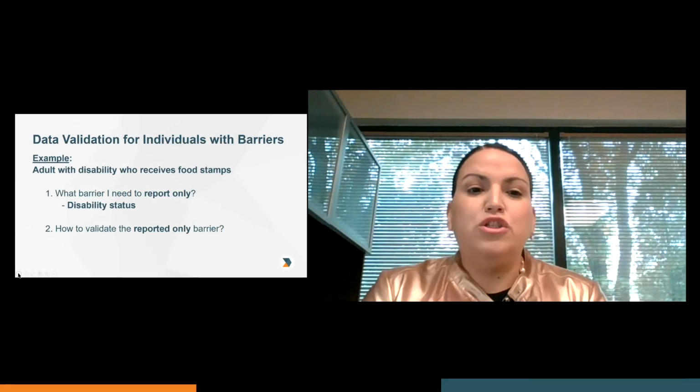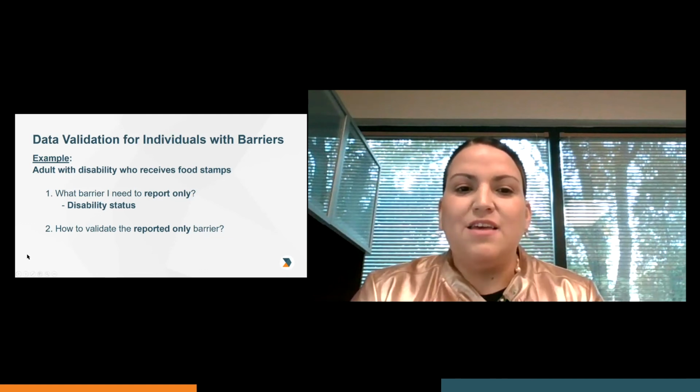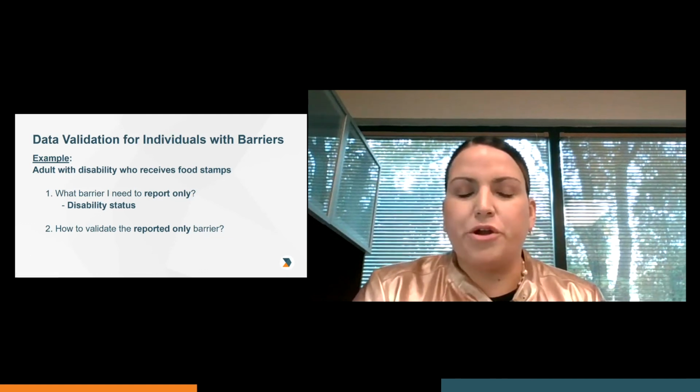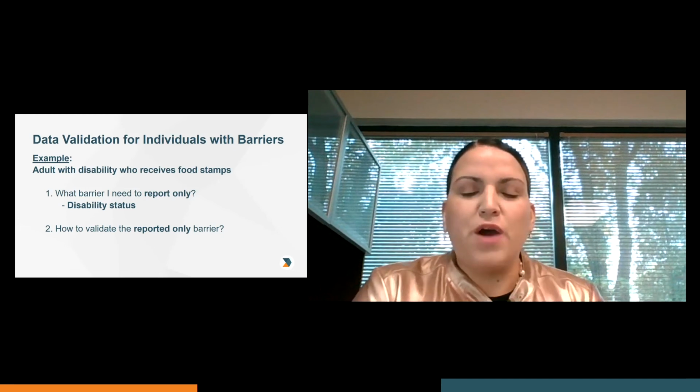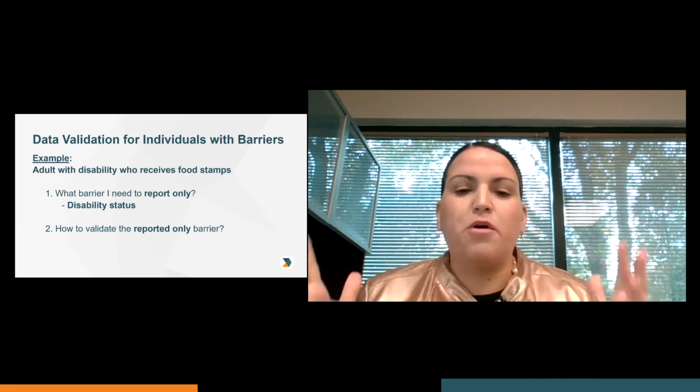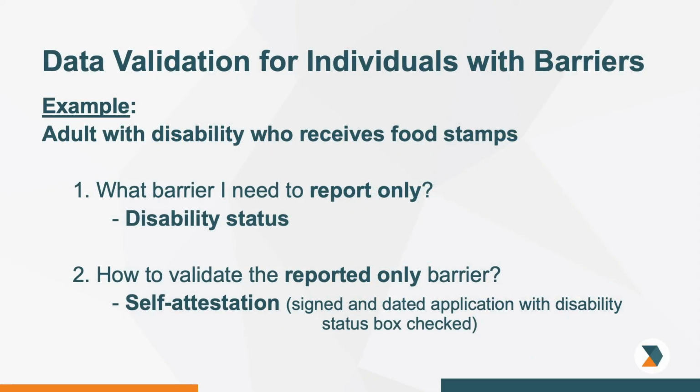And how am I going to validate this reported only barrier? Can you guys write that in the chat? What is it that I'm going to use? The signed and dated application, but it's missing something. What else? Someone wrote the disability documentation.